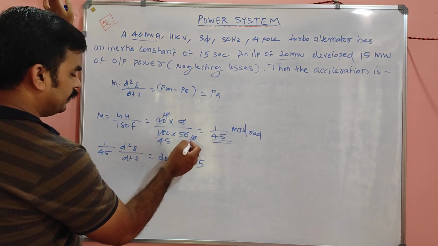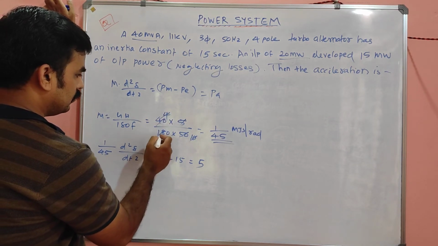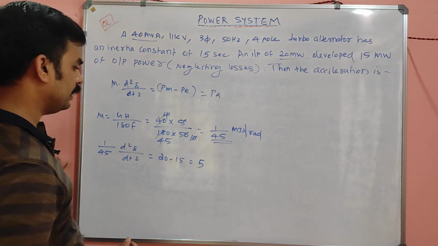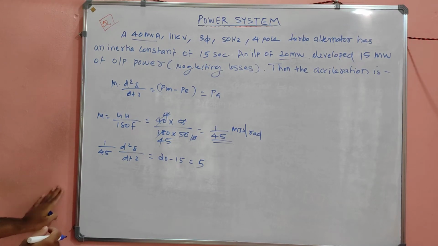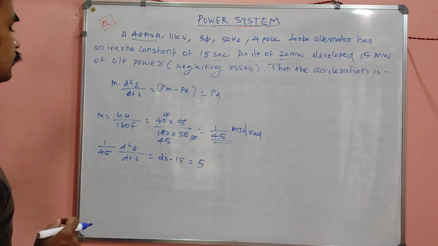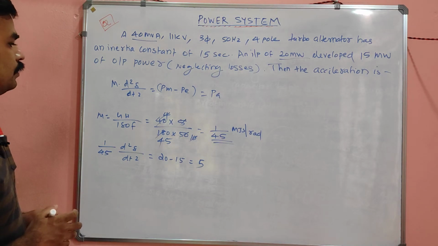So 5 and 5 make 10, and then 4, which gives 45. 1 by 45. Am I right, my dears? 20 minus 15 is correct now? Yes. 120 into F.